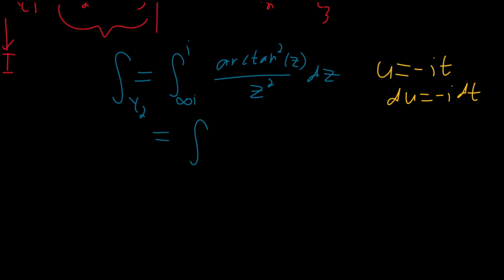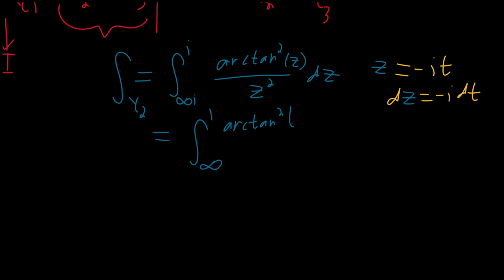So what we have then is the integral from infinity to 1 of arctan squared. What we have is a negative I t. Oh, I do apologize. I'm so used to doing u subs. Goodness me. That should be a z. Yes, okay. Those are z's. I'm sorry, I've been doing too many u subs. But the point still remains.